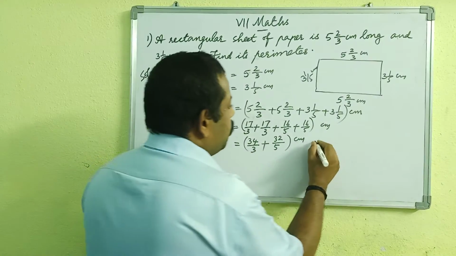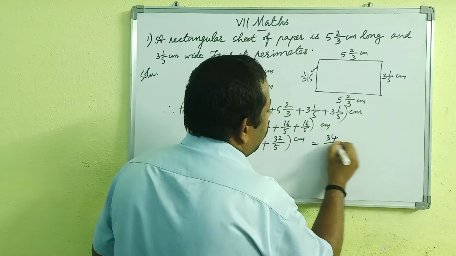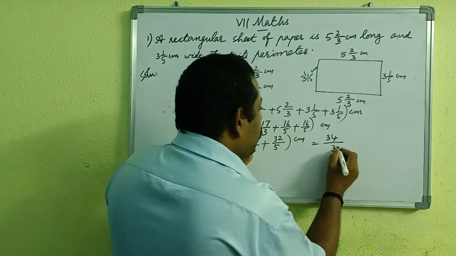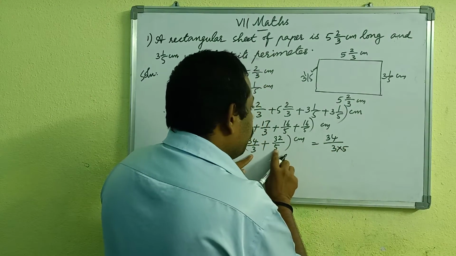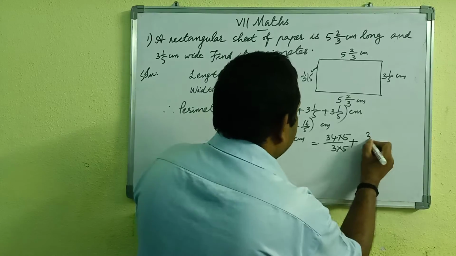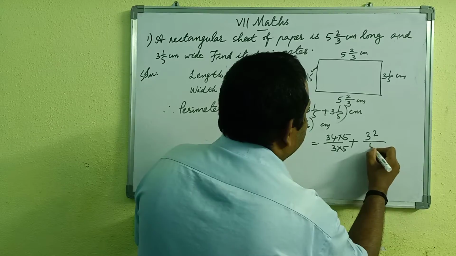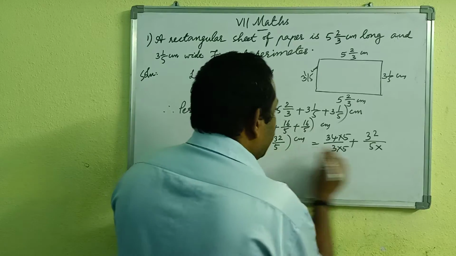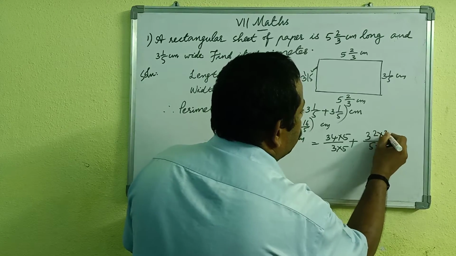So let us do here 34/3. The 3 will be multiplied by this 5, so 34 also by 5, plus the second term 32/5. The 5 should be multiplied by 3, so 32 also by 3.